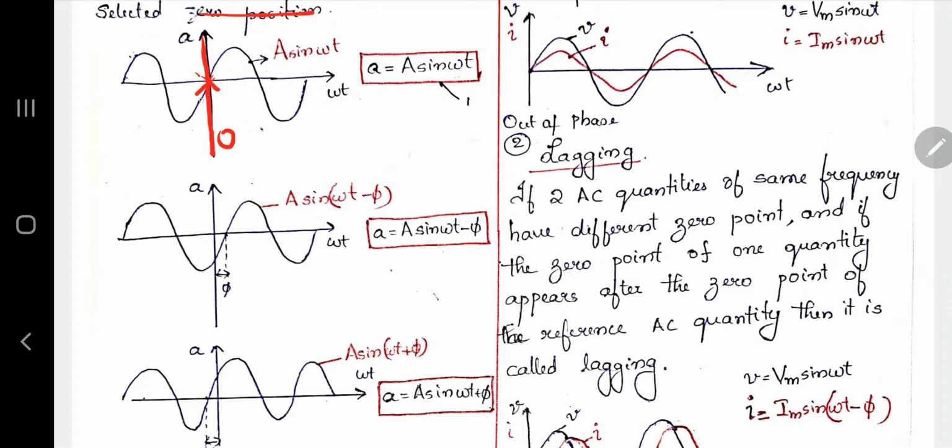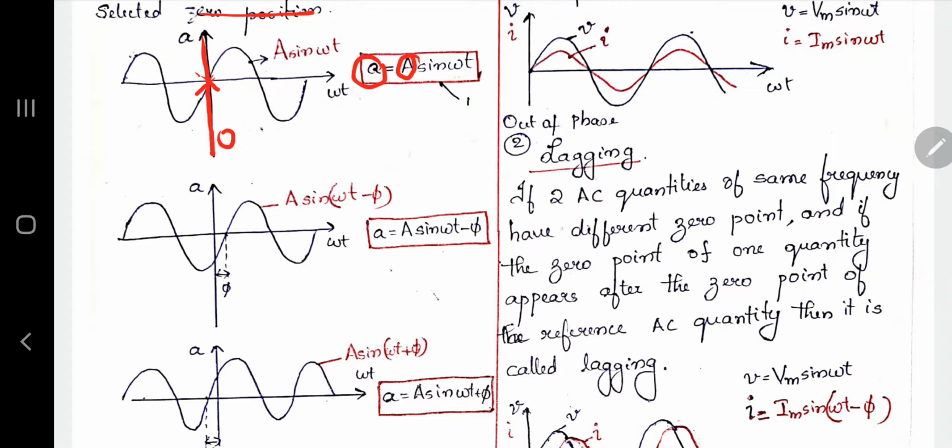We can represent this waveform as a equals A sine omega t, where small a shows the instantaneous value and capital A is the maximum value. Just as v equals Vm sine omega t, we are just taking an AC quantity A. So a equals A sine omega t.